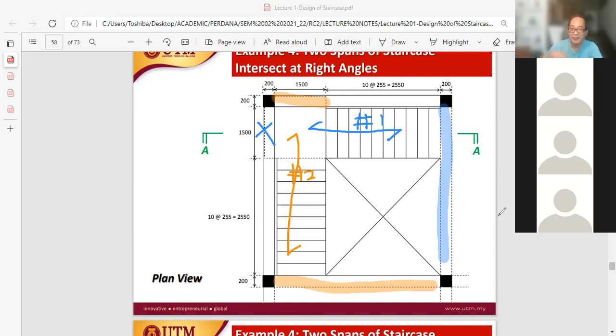So what I'm trying to say pada student is that if you are using software in design, bukan manual lah, then explore all alternatives. Tukar grade concrete, ubah dimension of your beam, ubah dimension of your column, tukar exposure condition, all those things you can do just by a few buttons kan. Okay, and let the software do all the work.